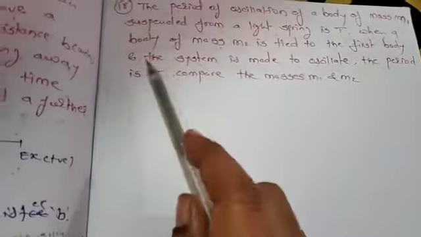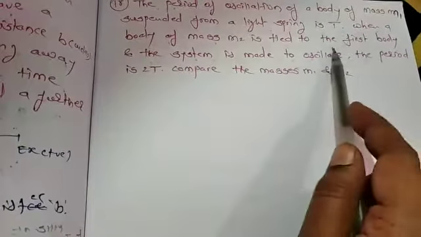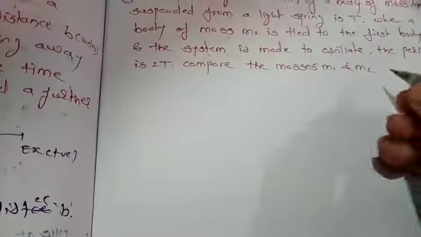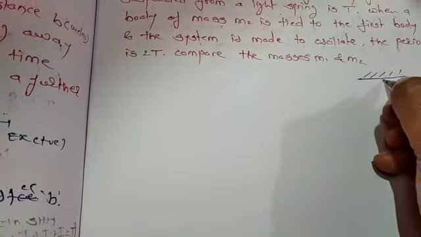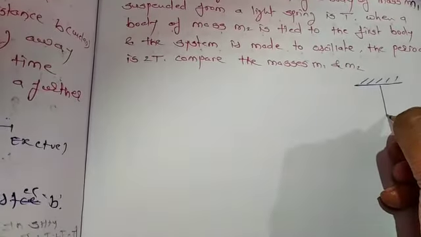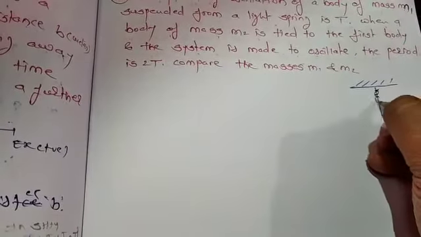It is given that when another body of mass m2 is tied to the first body, I'll draw a rough diagram. This is a light string. It is the spring, so we'll draw the spring here.